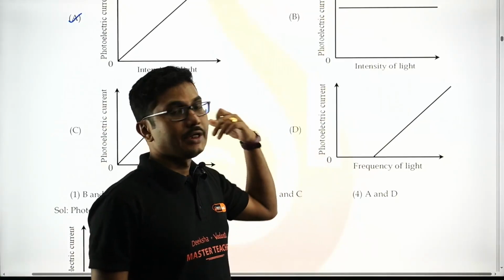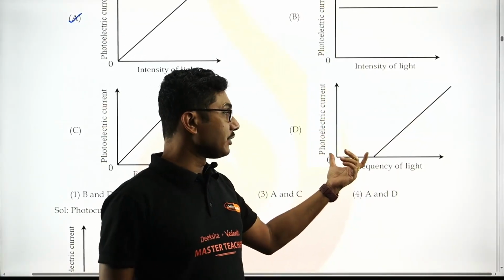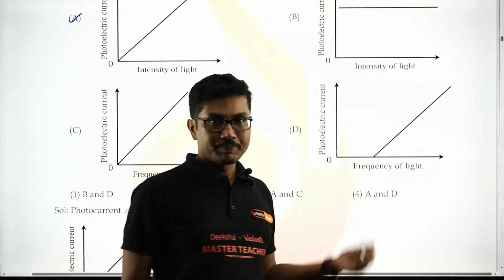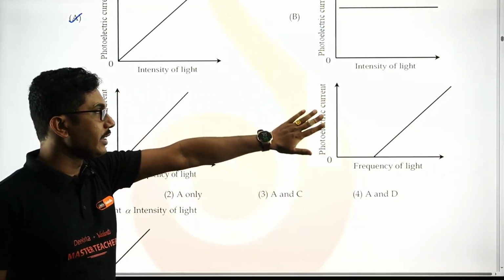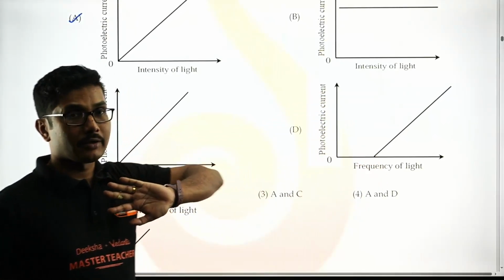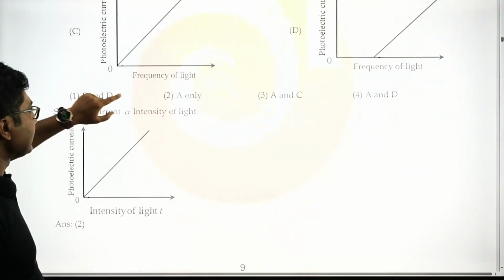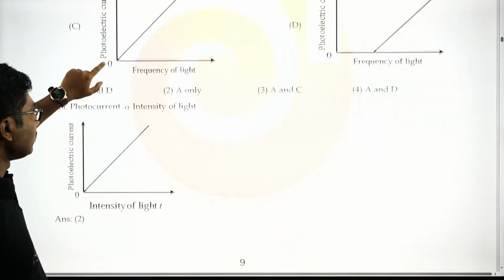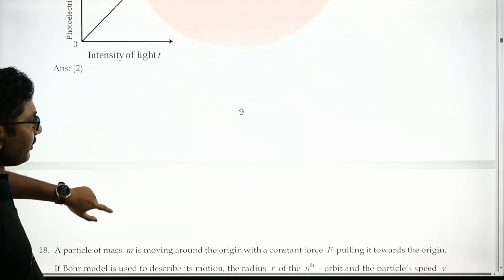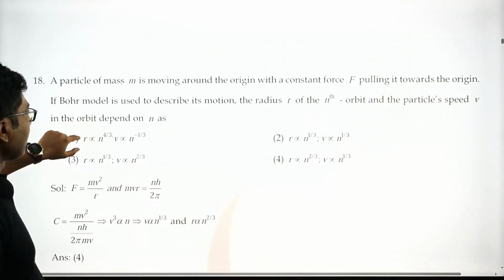Higher the frequency, higher is the stopping potential, and that's a straight line with a cutoff. This is the work function, right? But this is not the photoelectric current. If the y-axis is photoelectric current, then it is independent of frequency. So only option A is correct. So the correct answer is option 2. Some of my students said I answered option 4, but that is not correct.